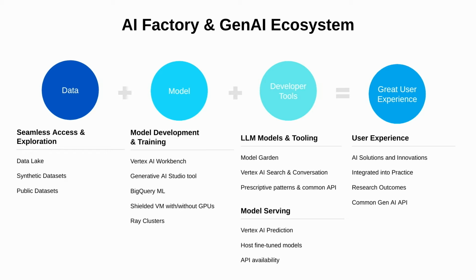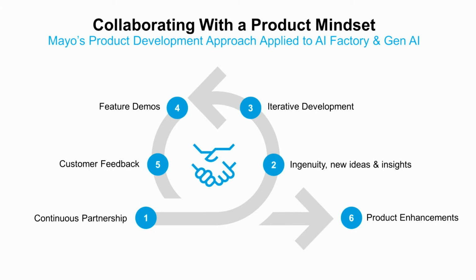Looking at how we are approaching our AI Factory work, we have taken a product development approach to establish and evolve AI Factory. The voice of the customer, strategic partnership with Google, as well as industry trends are some of the key features that influence our roadmap.